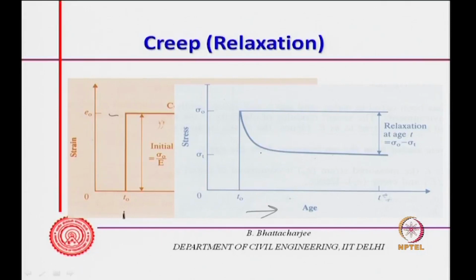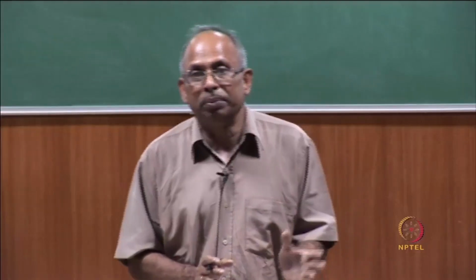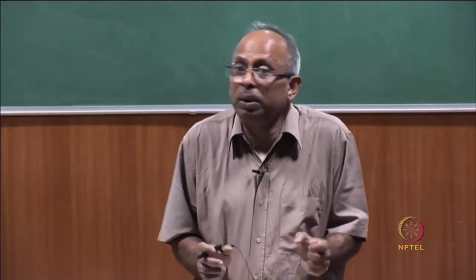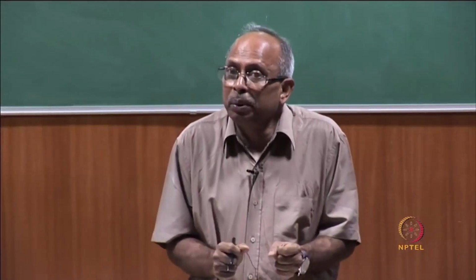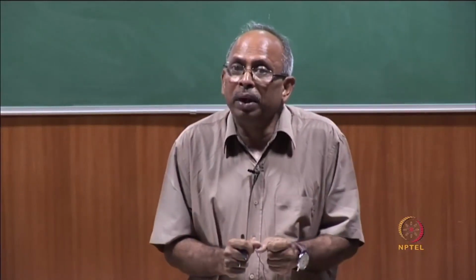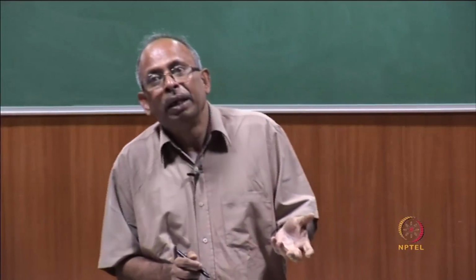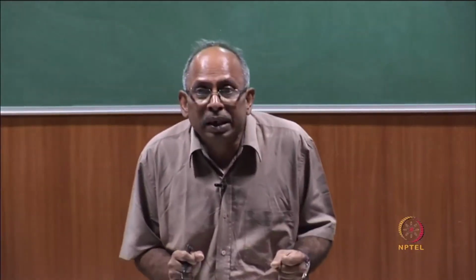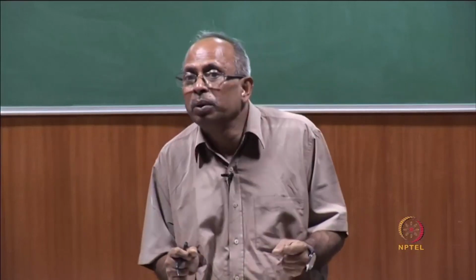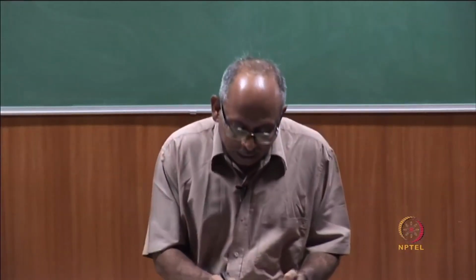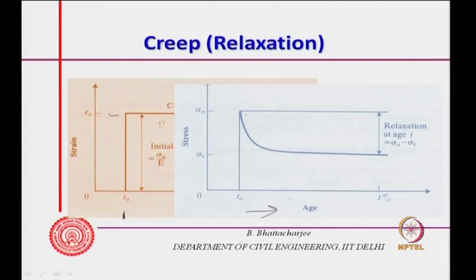As I restrain it, the stress will get neutralized by the kind of tension that comes in, because its natural position would have been somewhat different. Since it is restrained, there will be a tension which will neutralize this sigma 0 value, and therefore there is a reduction in the stress, and this is what we call relaxation.